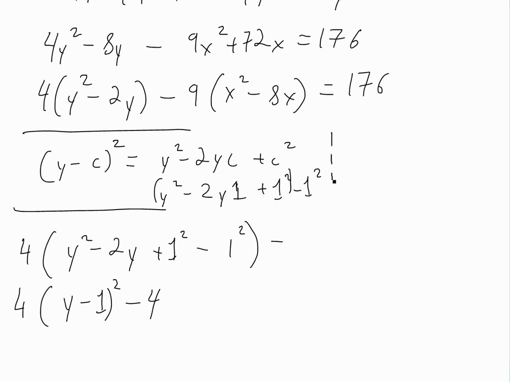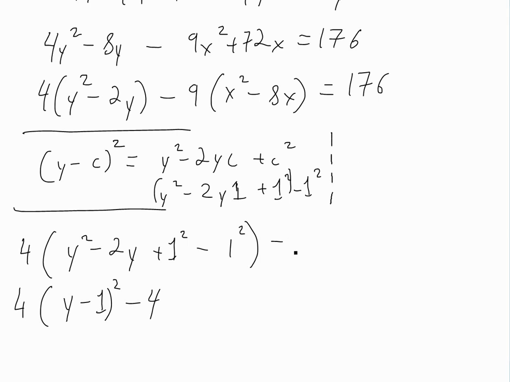Now we could complete the square for this side. Again, we have this 2yc, but this time we have an 8x. Divide this by 4, we're going to get, so basically this is equal to 2 times 4x, which is 8, so then c is going to be 4.